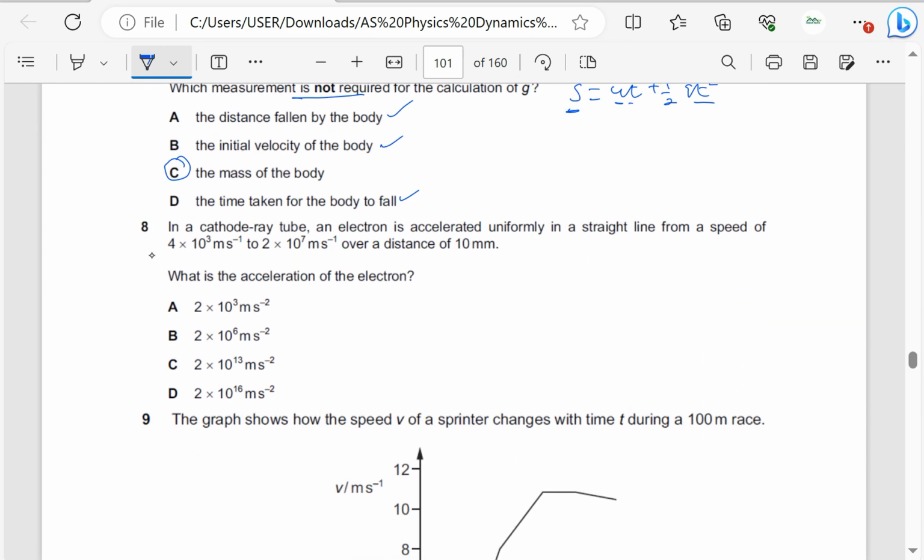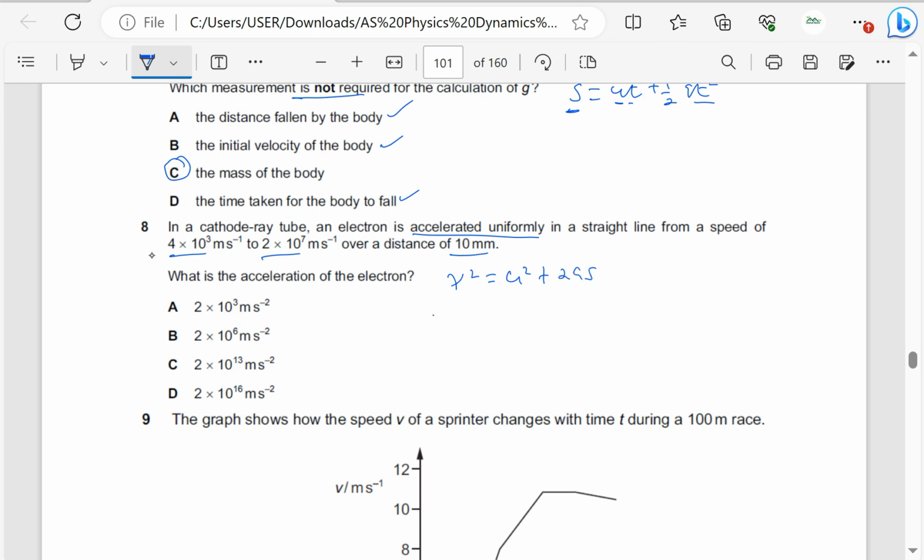In a cathode ray tube, an electron is accelerated uniformly in a straight line from a speed of 4 times 10 power 3 to 2 times 10 power 7 meters per second over a distance of 10 millimeters. Since it is accelerated uniformly, equations of motion can work, such as v squared equals u squared plus 2as.